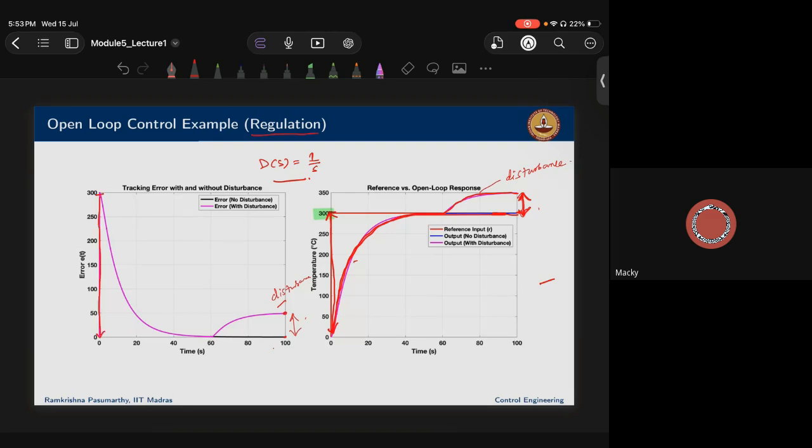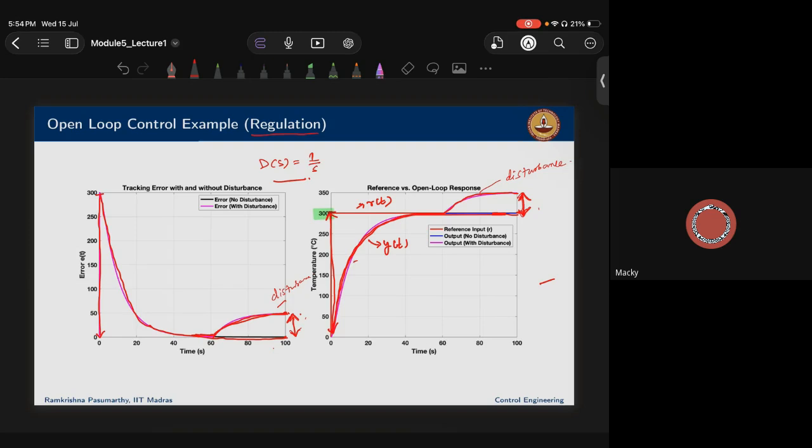Later, as our output y of t gets closer to r of t, the error is getting reduced. When there is no disturbance, the error is zero. When there is the disturbance, it came until here and it went like this. So the tracking error is non-zero. Is this clear? This is due to the disturbance.